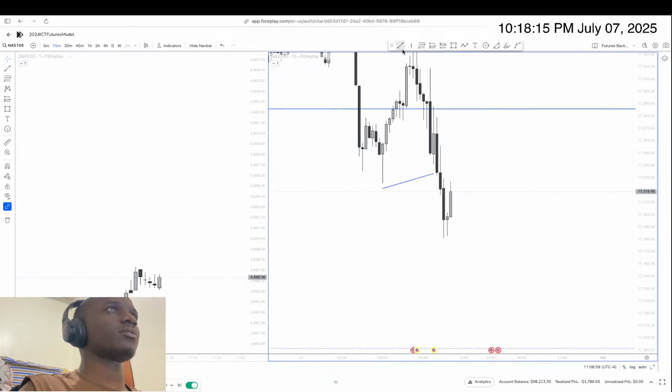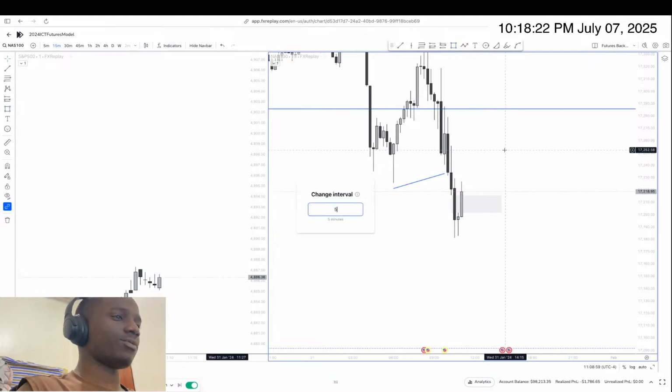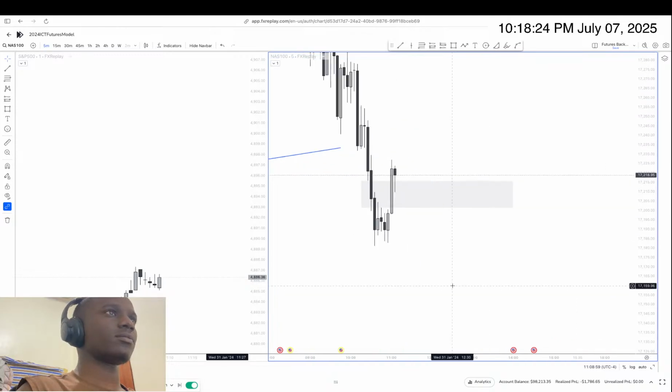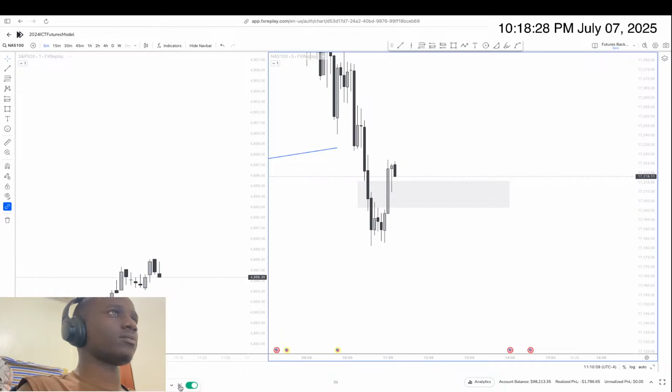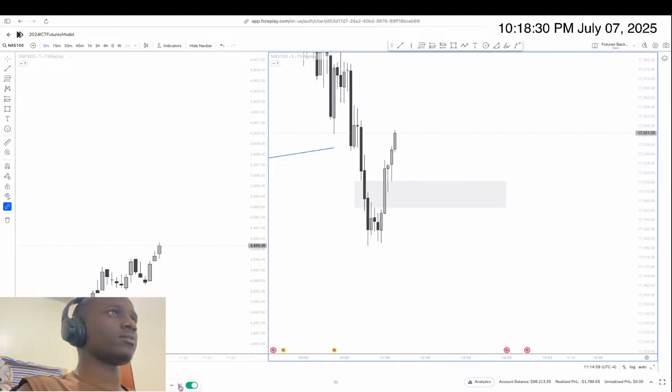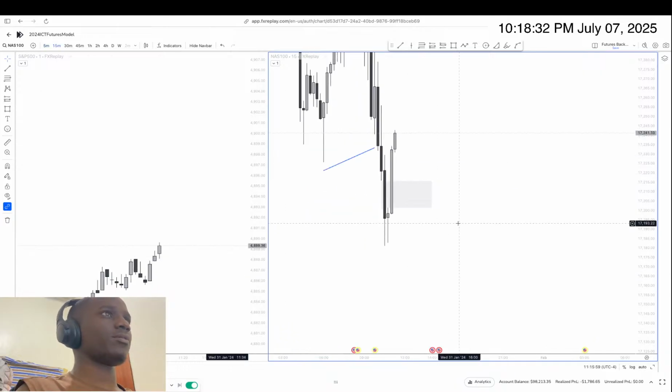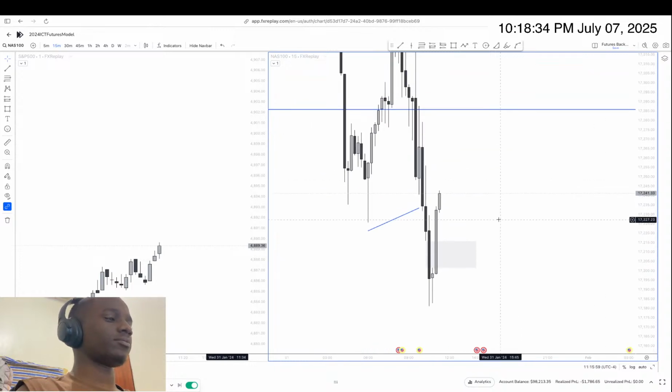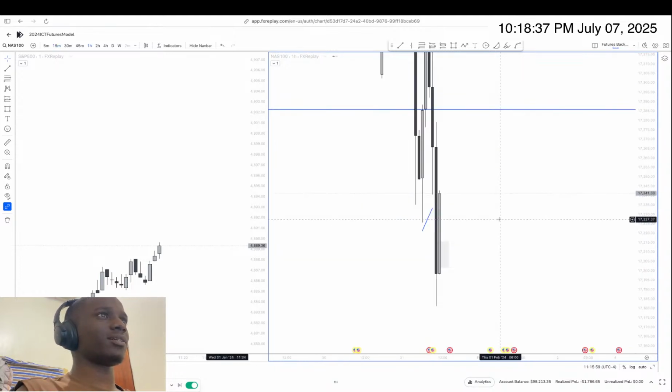Let's see if we run through it or if we respect it. So it looks like we run through it on the 15 minute, and what would be our target then? We've removed the gap on the 1 hour.